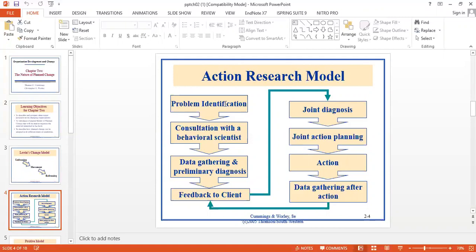There are so many things a consultant does for you.